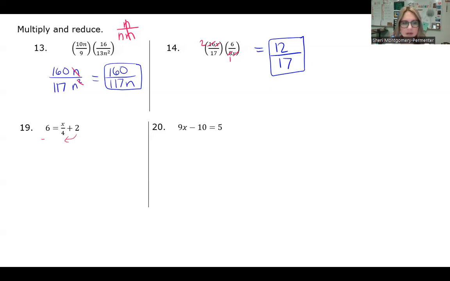So I can subtract 2. And we remember from last class that if you have a fraction equals something, you can always make it 2 fractions. And then because there is an equal sign, we can cross multiply.